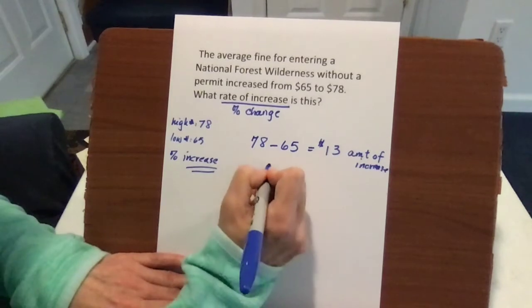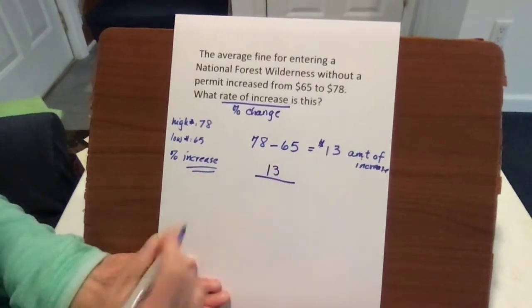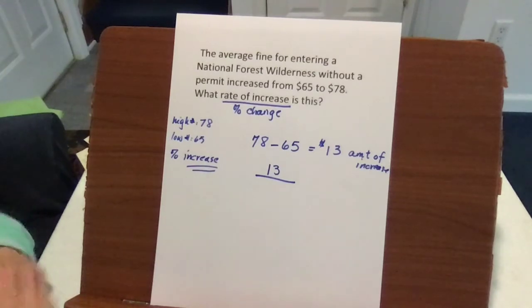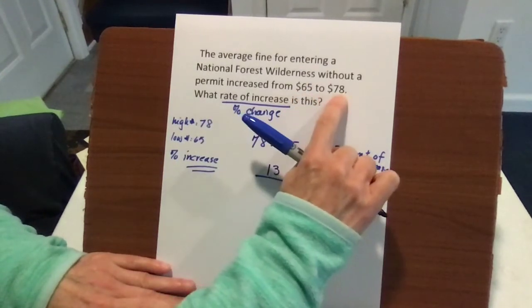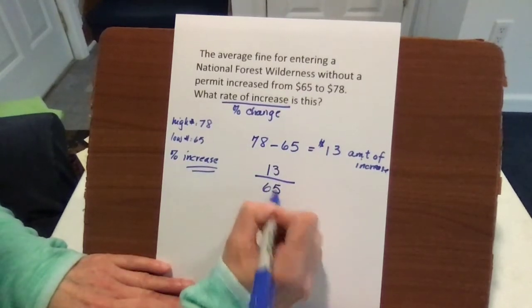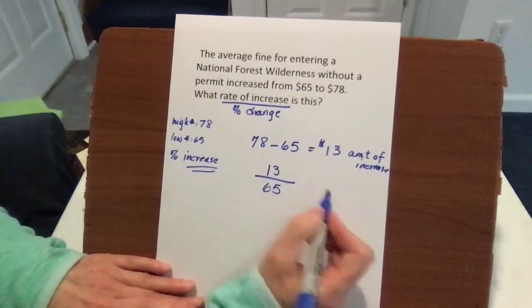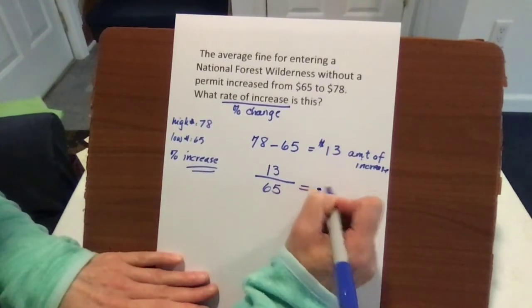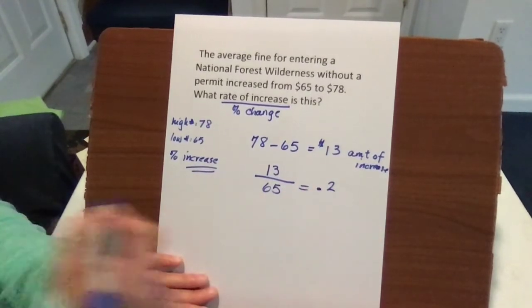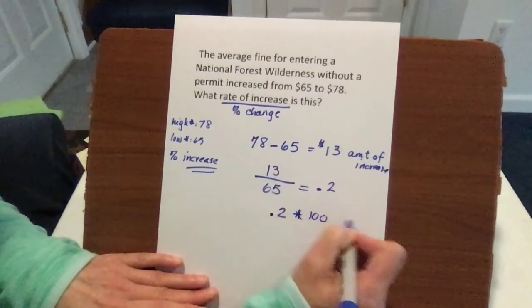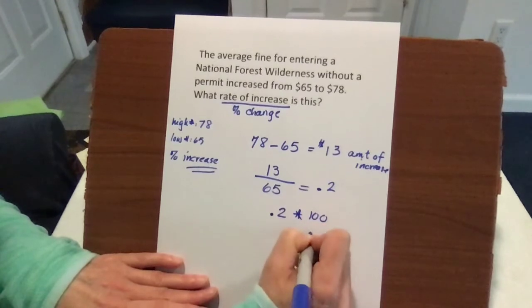So now we're going to take that $13 and divide it by what we originally started with before we made the change. So $65 is what we had before we increased it to 78. So 13 divided by 65 comes out to be 0.2. So now we're going to take 0.2, times it by 100, and we're going to get 20%.